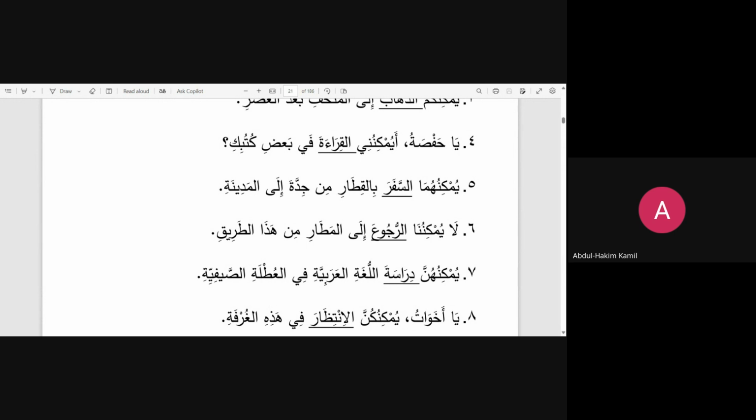Okay, change it to the verb. يمكنهن أن يدرسن. No, we have to, it's mudari', and it has to be the ya. أن يدرسن اللغة العربية في العطلة الصيفية.